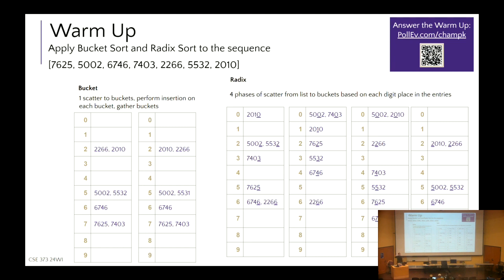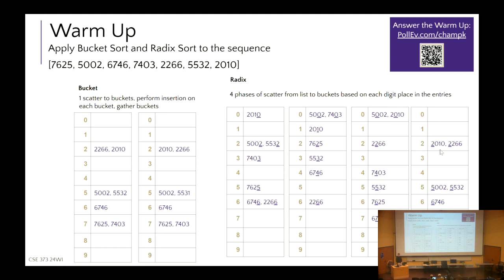So we loop k buckets across each item in the bucket, and we scatter them one more time, now based on the tens. And then we do the same thing where we gather and then scatter a third time based on the hundreds. And then we gather and scatter finally based on the thousands.